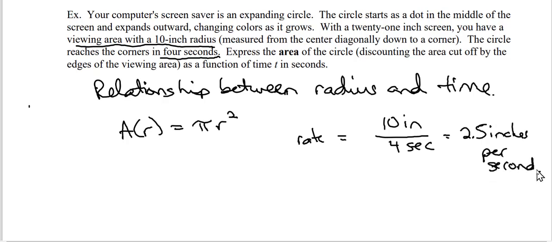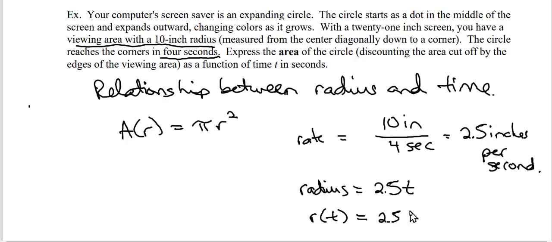Okay, and so that means the radius of the circle, if the circle grows at 2.5 inches per second, then the radius of the circle is going to be 2.5 t. Or if we wrote r of t, it's 2.5 t. Here's the idea.